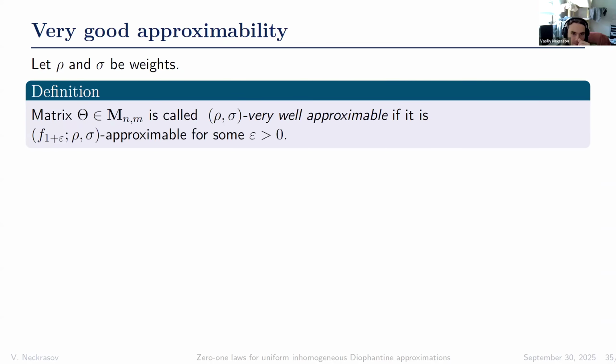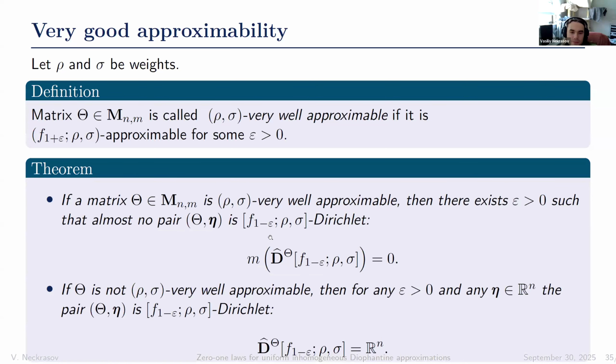Another thing that we have is a similar criterion for very well approximability. In this case, we only have it for classical weights. I will probably not really stop here. I will just mention that I mentioned this criterion because it's also used in this paper about Waldschmidt's conjecture, and we generalize it for the setup with weights.